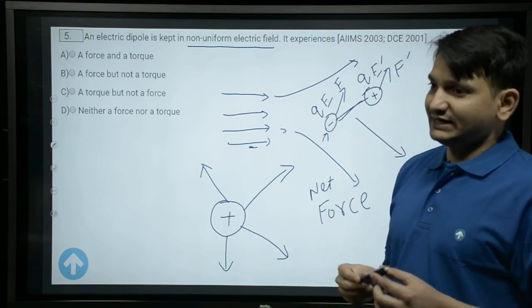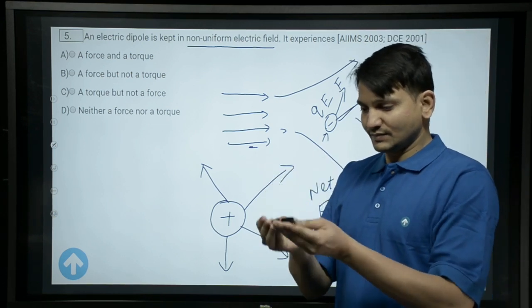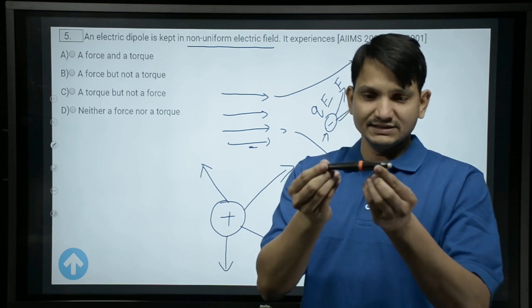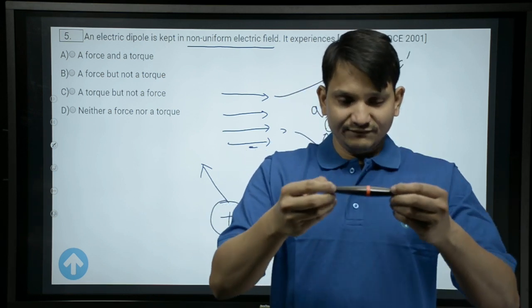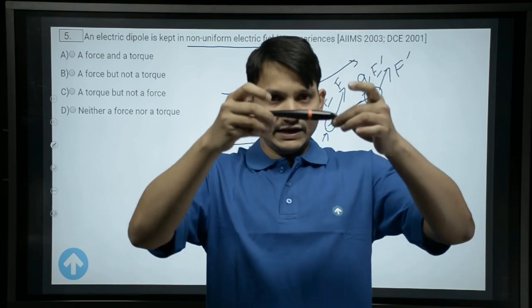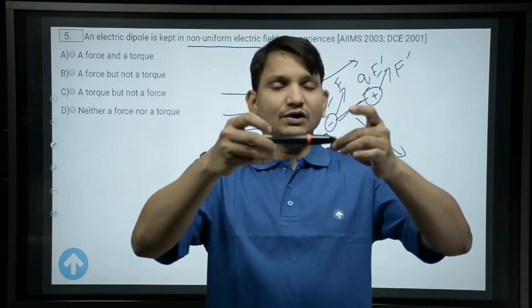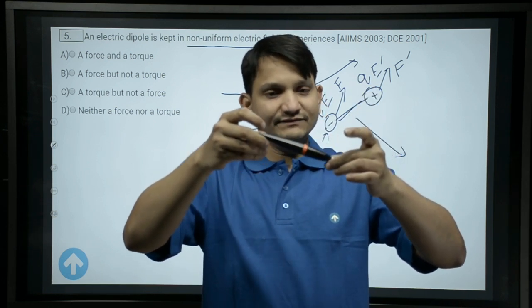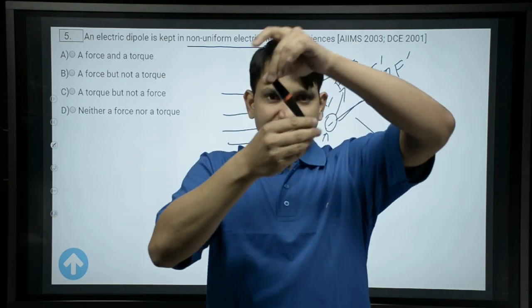So you can see that if you're putting an object something like this, you're moving up or down, you are exerting some force, and if the force acting on the two ends is exactly the same, then there would not be a net torque. But if the forces are different, there would be a torque development and there would be some rotation.